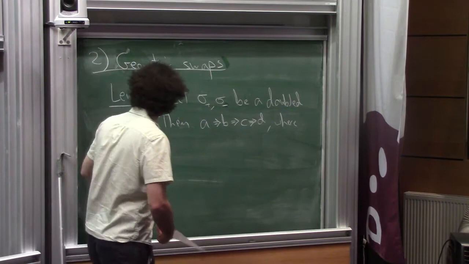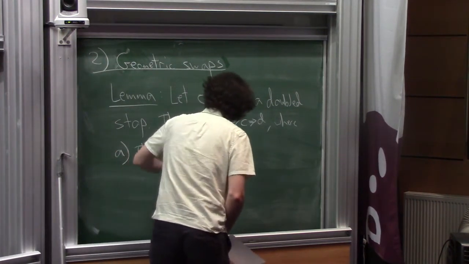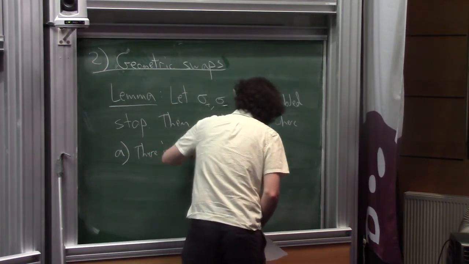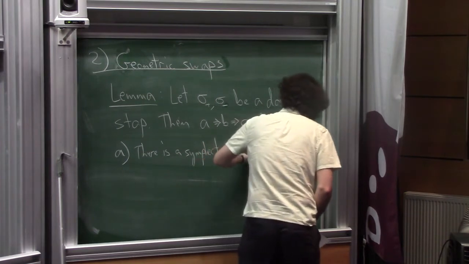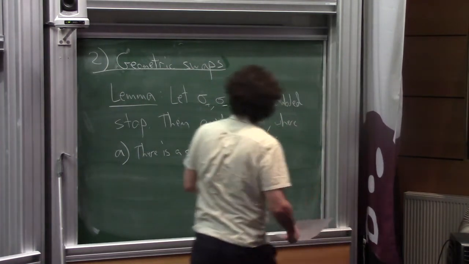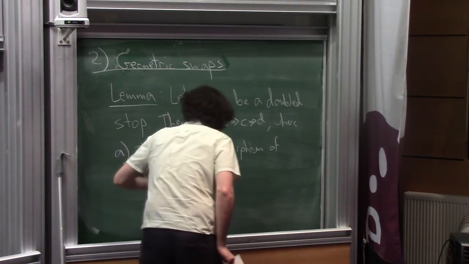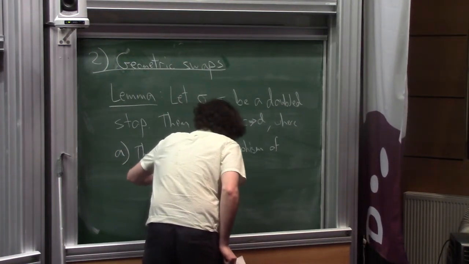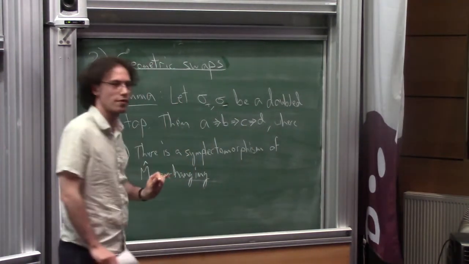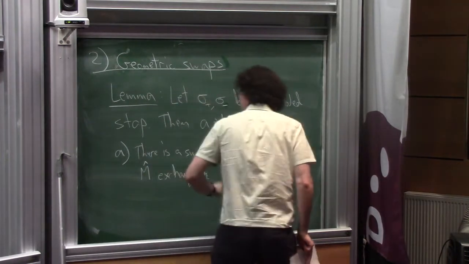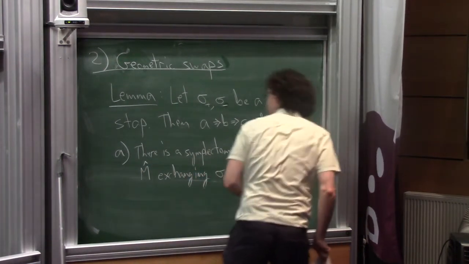So A, I can ask, there is a simplexomorphism exchanging, I guess I should really say the completion of M, of M hat exchanging sigma plus and sigma minus.